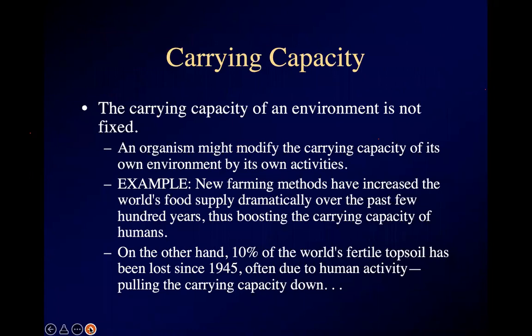The very last thing I want to talk about is we've been talking about carrying capacity. And on those graphs that I showed you, it looks just like a flat line. However, that's not quite the case because an organism can modify the carrying capacity of its own environment by its own activities.